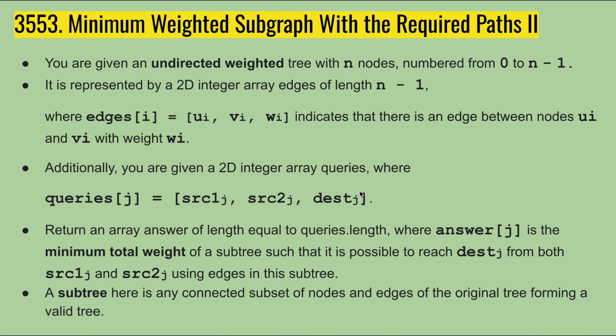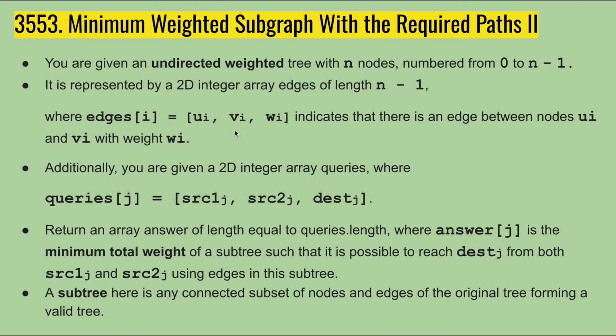If there are two nodes, node 1 and node 2, and we make a path from node 1 to node 2, there will be only one unique path.